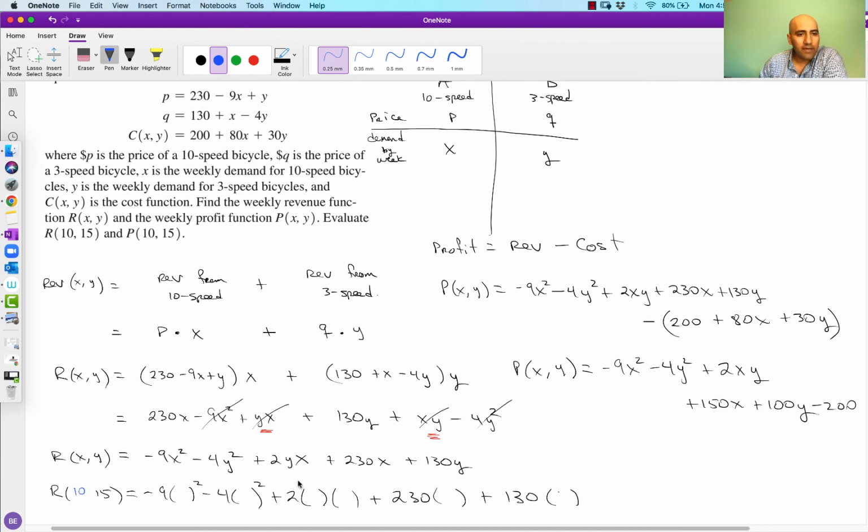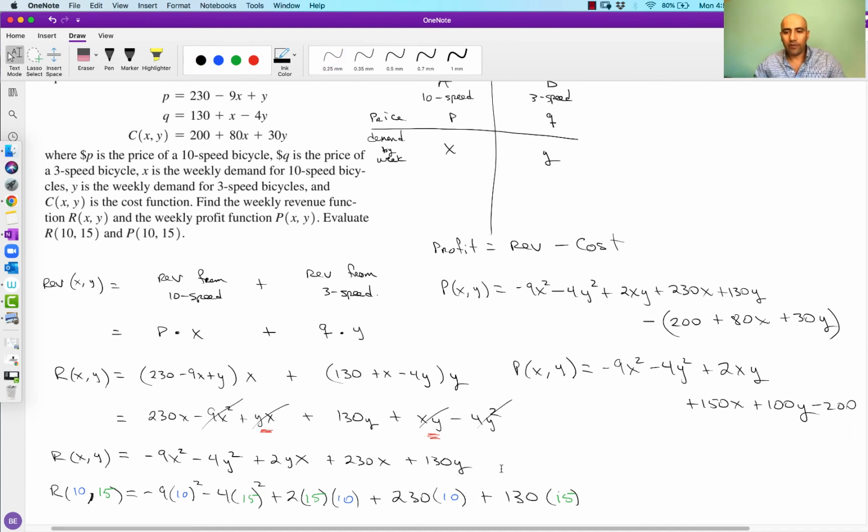So if the x is a 10, then this is a 10 there, and this is a 10 there, and this is a 10 there. And let's put the 15 in green. So this would be a 15 there, a 15 there, and a 15 there. Good. So the rest is just a little bit of arithmetic to figure this out. Obviously use technology.